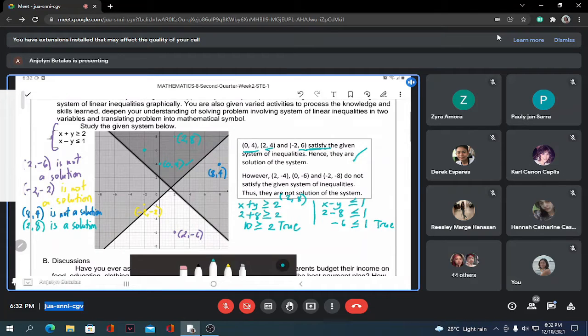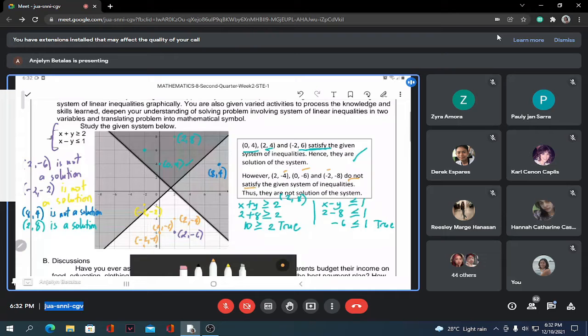However, (2, -4), (0, -6) and (-2, -8) are clearly not solutions, because they are not in the shaded region. They do not satisfy.